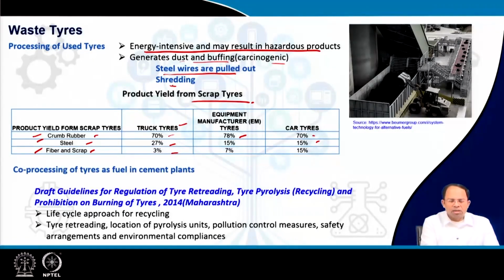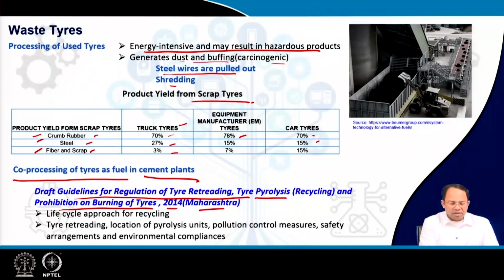Once we shred the tire, this crumb rubber can also be used for co-processing or generating energy, or as fuel. We can use it as fuel in cement plants, so in that way we can also utilize this waste. Now there are no guidelines from the Government of India, but there are draft guidelines for regulation of tire retreading, tire pyrolysis, and prohibition on burning of tires brought up by the Government of Maharashtra in the year 2014.